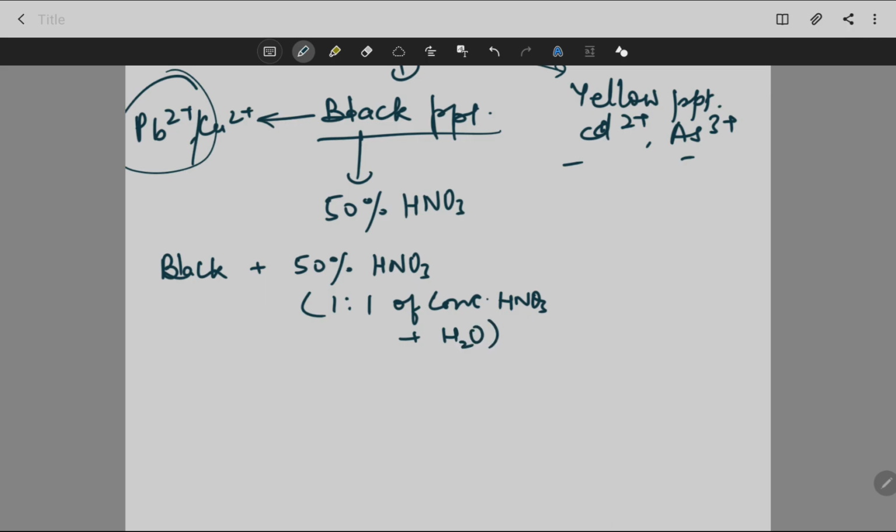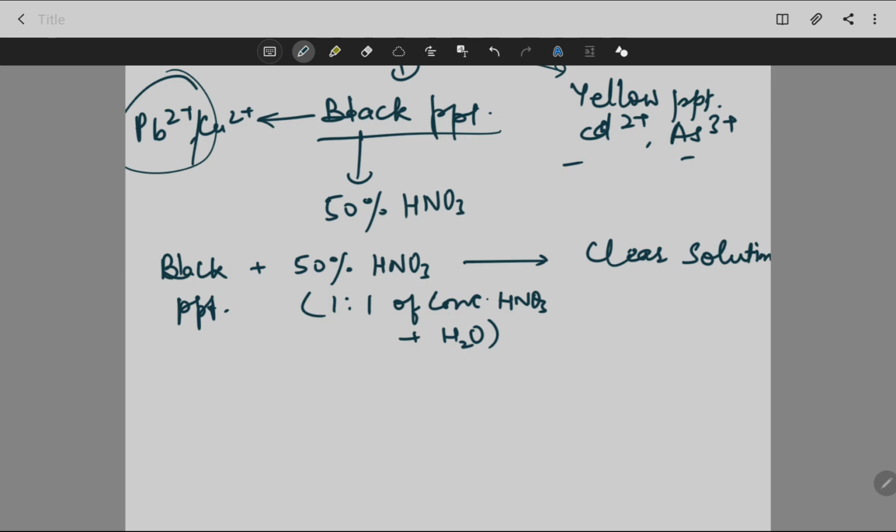Like if you are taking 5 ml of water, then add 5 ml of concentrated HNO3 to it. So that becomes your 50% HNO3. We will dissolve the black precipitate in it and get a clear solution. With this solution we will proceed for the test for lead.